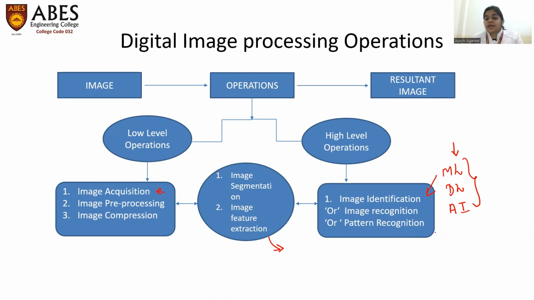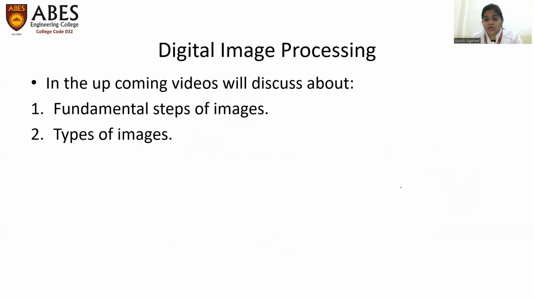And finally, image identification or pattern recognition is performed. So in the high level operation, it is basically a combination of these technologies, or specifically particular technology algorithms, performed to read that image through digital models or machine models. So this is how digital image processing operation works.